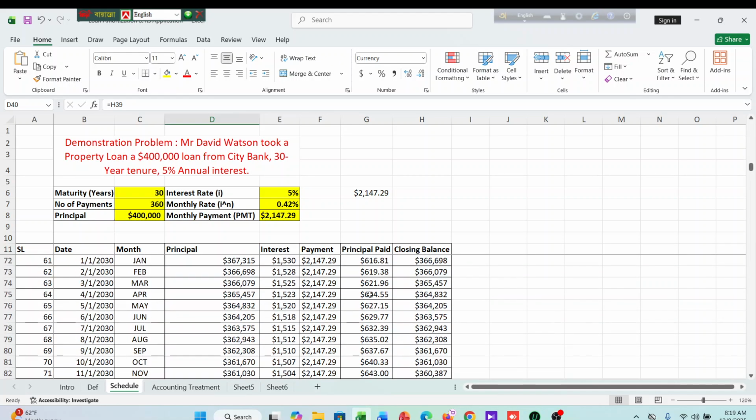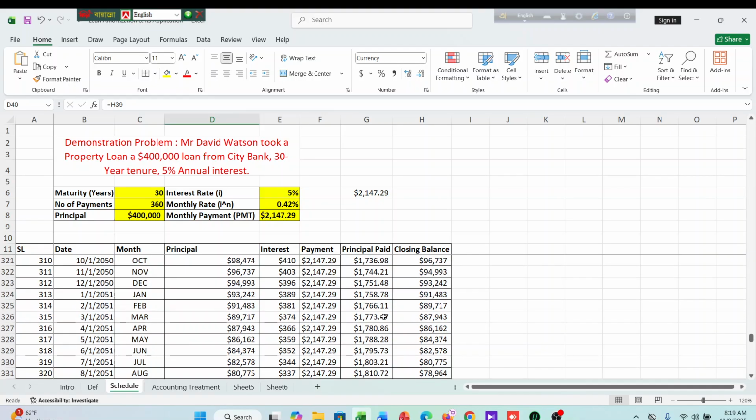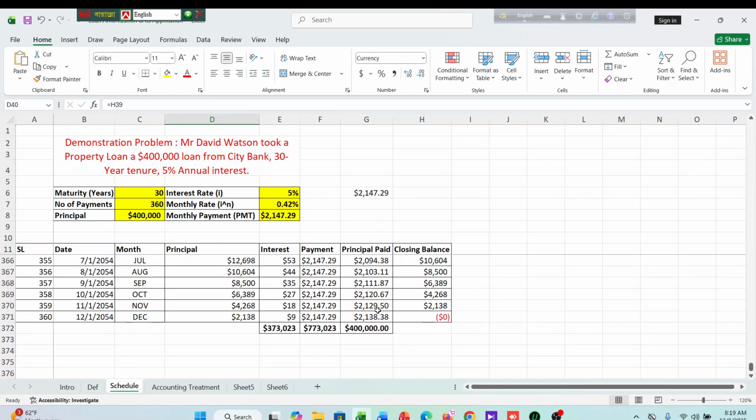What happens at the end of 30 years? At the end of 30 years, what we can see is that we have paid the bank 373,023 US dollars in interest.